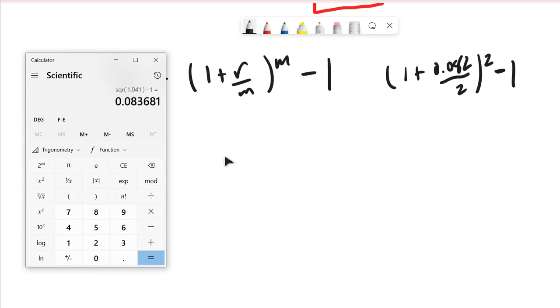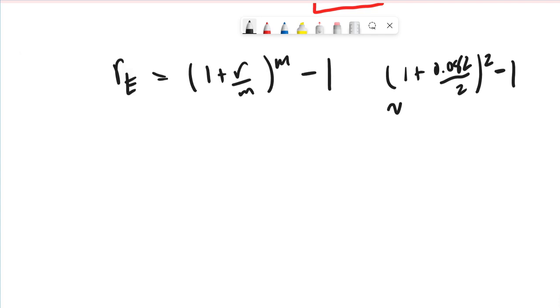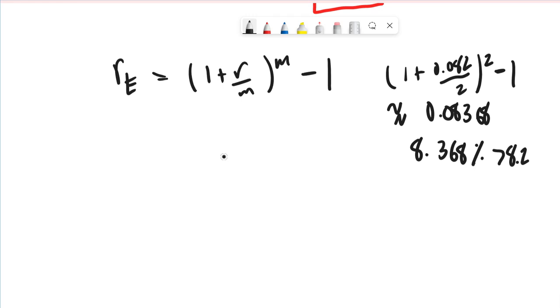Okay, so when we look at the computation, it's approximately 0.08368. But as a percentage, that would be 8.368%. Now notice that this is actually much greater than the 8.2%. And that's actually correct because it's compounded in any case.